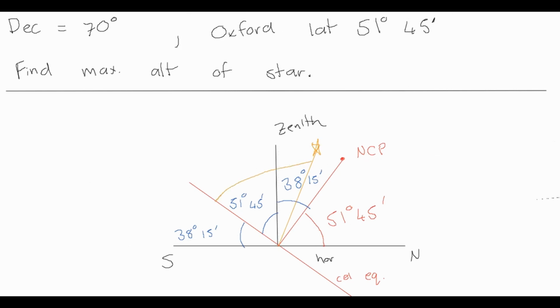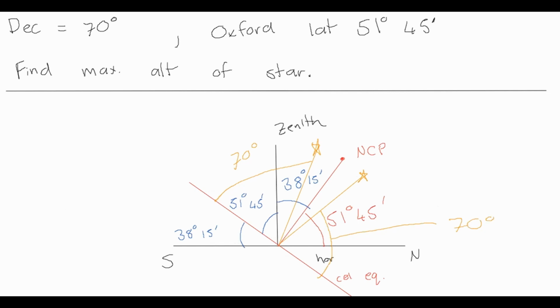And this large angle between the star and the celestial equator is 70 degrees. The other place our star could be is on the other side of the North Celestial Pole. And then the angle between our star and the celestial equator is again 70 degrees.